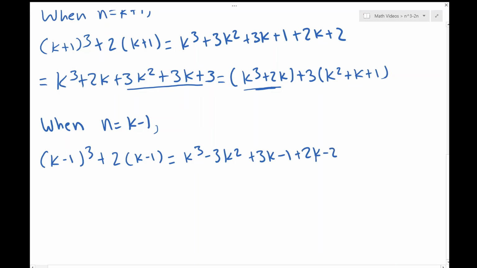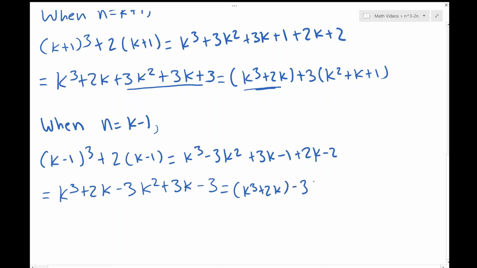And rearranging just like we did when we were proving it for k plus 1, we get k cubed plus 2k minus 3k squared plus 3k minus 3. And what we have here is k cubed plus 2k, right? Minus 3 times (k squared minus k plus 1).